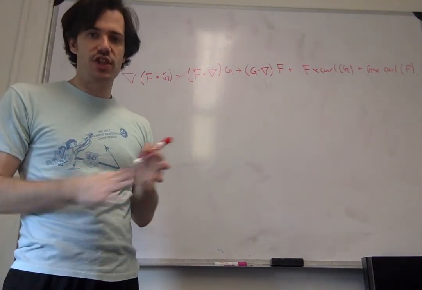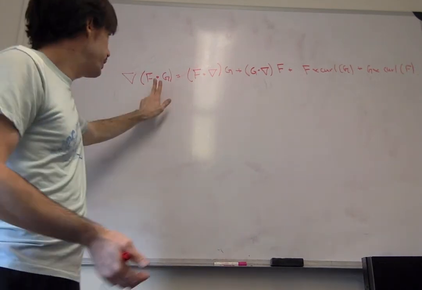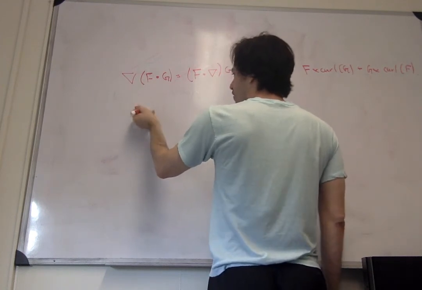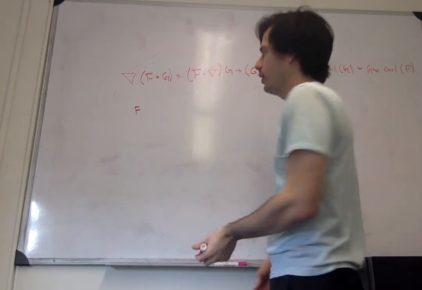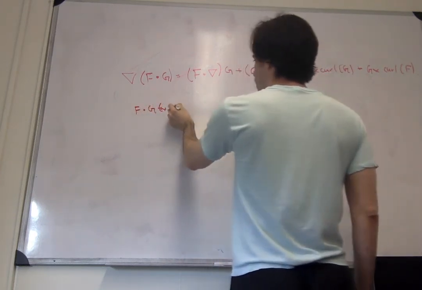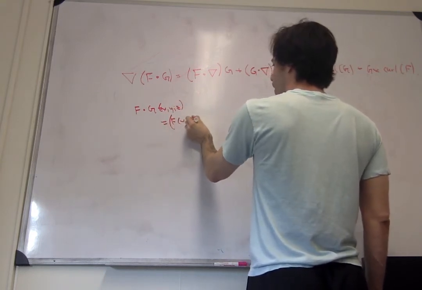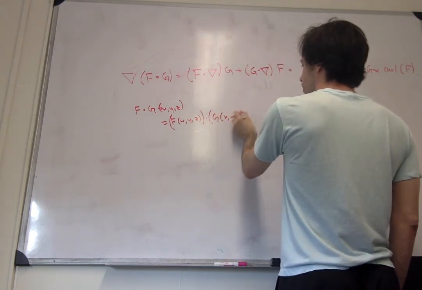is the same thing as g times f for vector fields, right? And f has components, and it's a function of x, y, and z. So f times g with x, y, and z is just equal to f of x, y, z times g of x, y, z.